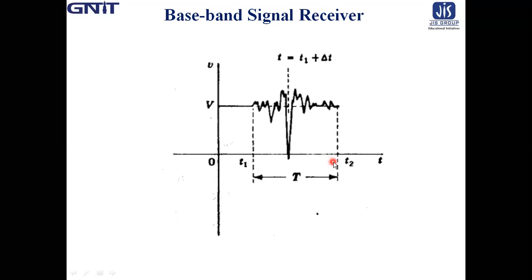Now if the sampling should happen to take place at a time, say t equal to T1 plus delta T, an error will have been made.